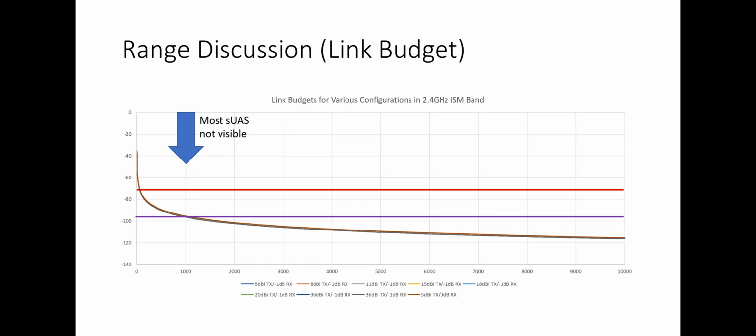If we switch this over to look at RF link budgets, the red line on here is about minus 70 dBm, and that's where the Wi-Fi clear channel assessment stuff starts to come into play. The purple line is about minus 95 dBm, and that's where you start to run into receive sensitivity limits for your individual radios.